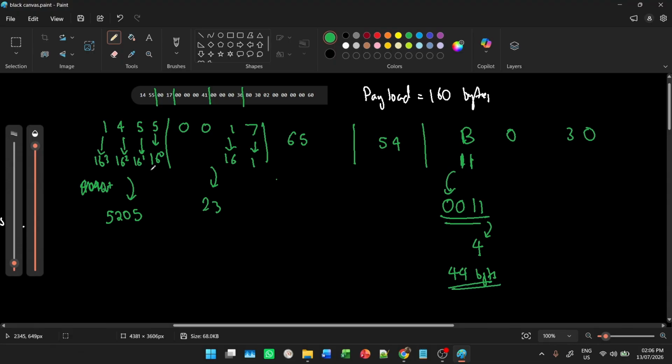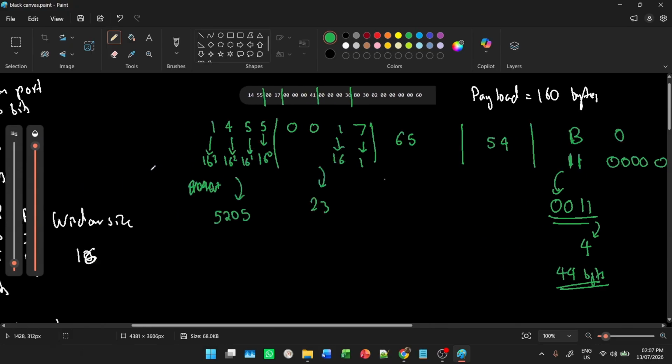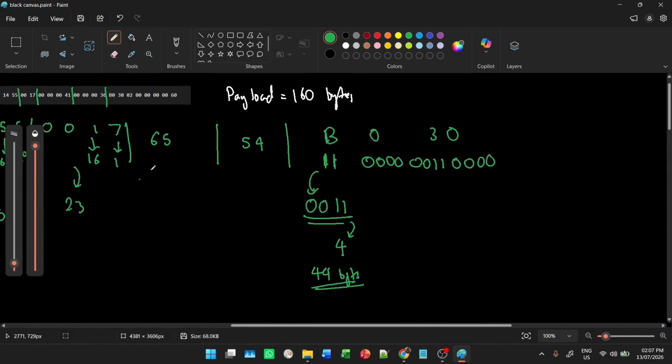So this is how you get the header length of the segment, by the way, this is not a frame, this is a segment, remember that. Then we have 0 again, 0 0 0 0. Now remember they're saying 6 bits are reserved, so 1 2 3 4 5 6 has to be reserved, right?